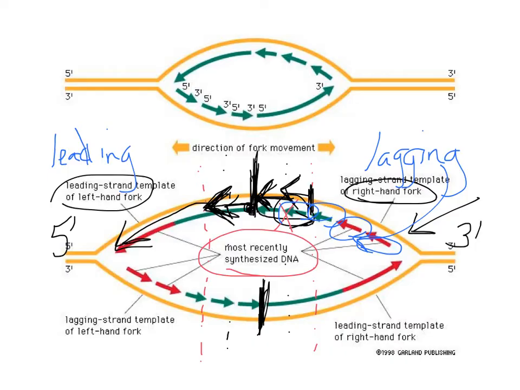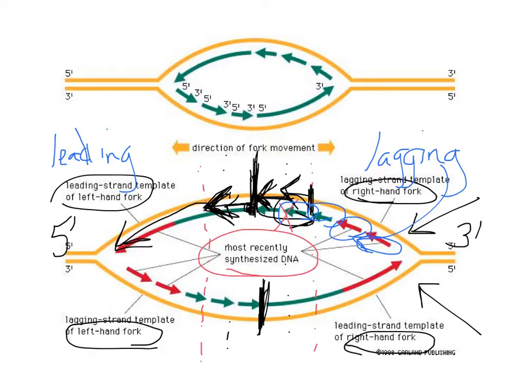Now the other thing you should notice, and we can use the bottom strand that's not been manipulated at this point, to see something else. The bottom strand here, the bottom template, if you notice, the right-hand fork here is continuous, and the left-hand fork has those little fragments, so it is the lagging strand.